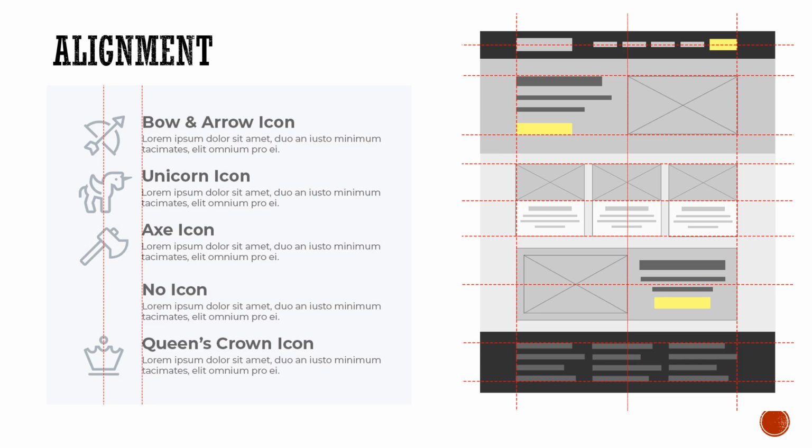Now look at the group in the middle of the three blocks of content. When the center, top, or the bottom of the elements align on an invisible horizontal line, you create a vertical alignment.